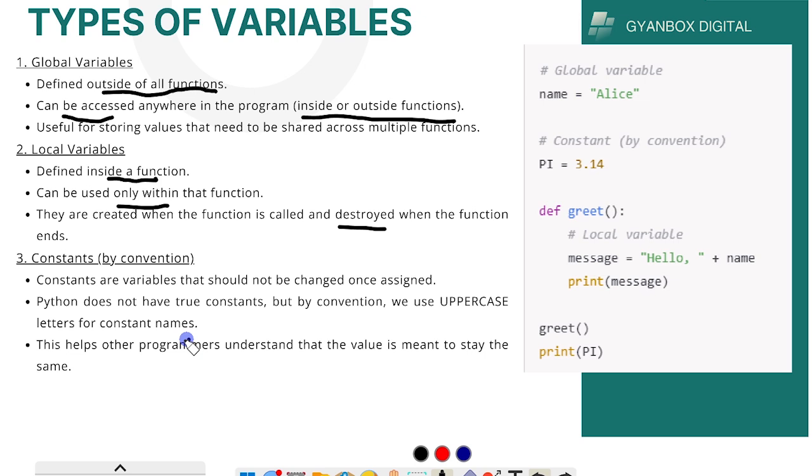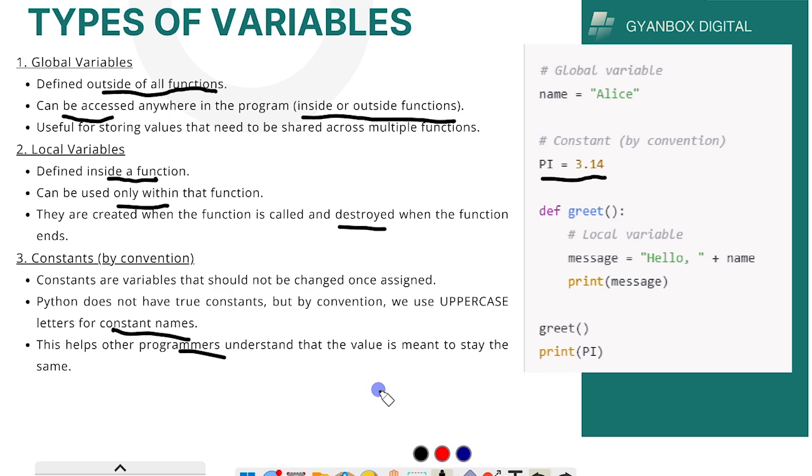So you can create constant variables with uppercase letters. In the example, if you see PI equals 3.14, this is a constant variable created with the value 3.14. This helps programmers understand that the value is meant to stay the same. So the values must not be changed for these constant type of variables.